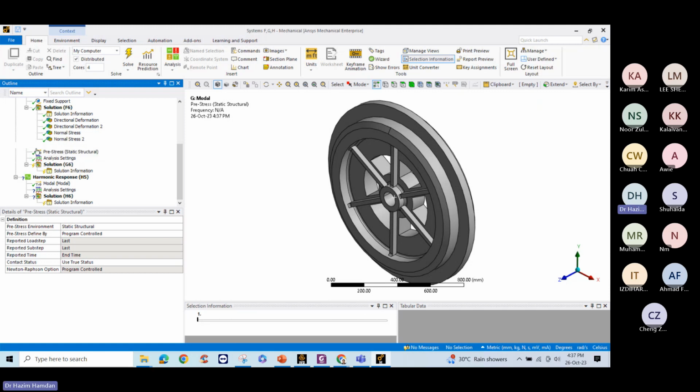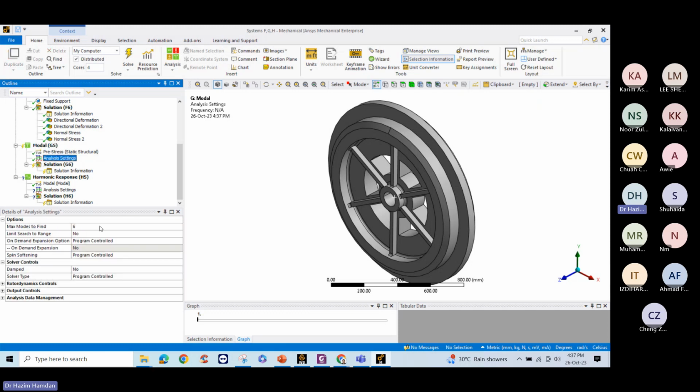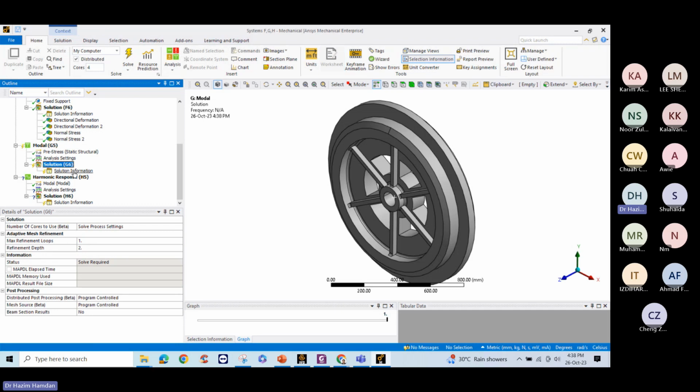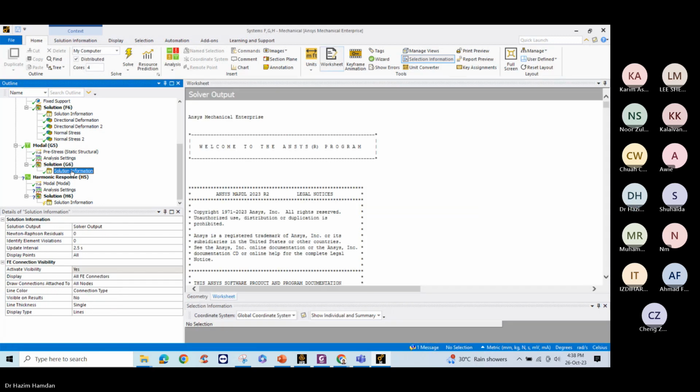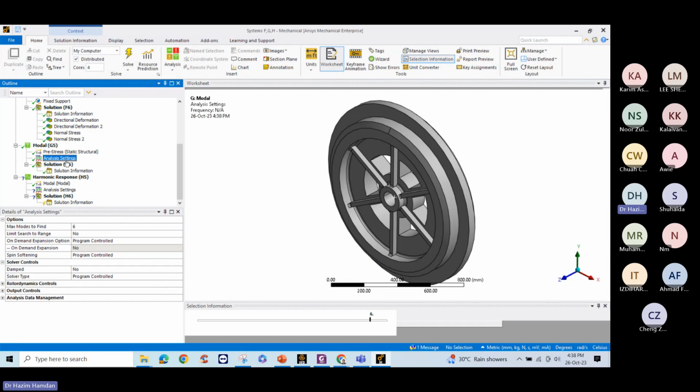Okay, so now we can check the maximum mode to find is a 6. And then I don't think we change here. Then click solve. Okay, go to the solution to check the result here.